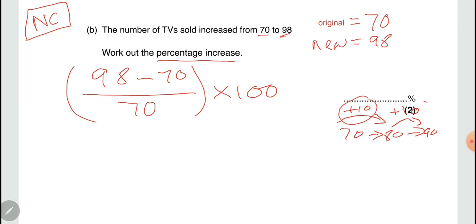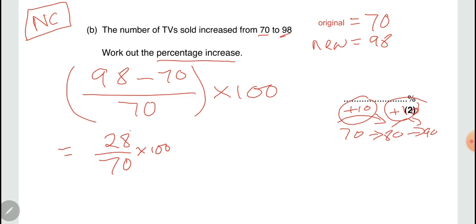So 10 add 10 add 8 is 28. There's lots of different ways that you can do it. So 98 take away 70 is 28. Divide that by 70, and then times the answer by 100.